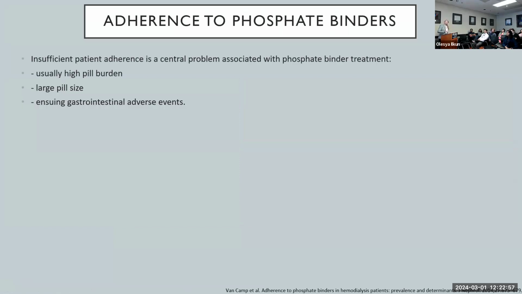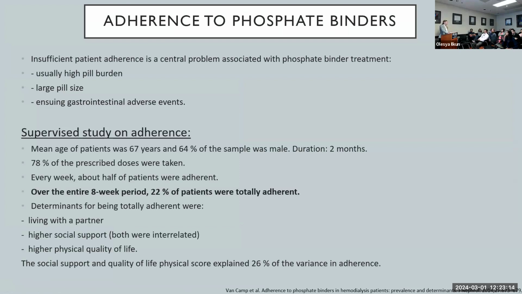All right. And here's the phosphate binders. Now that is an issue, right? How well does that truly work in patients? So high pill burden, GI intolerance, all of those large pills, right? It's hard to take. So they did a controlled study and looked at the patients who were watched essentially and told and monitored to take their pills.